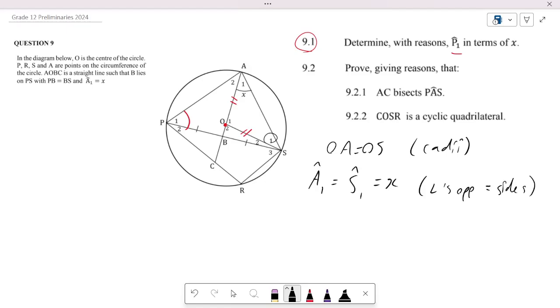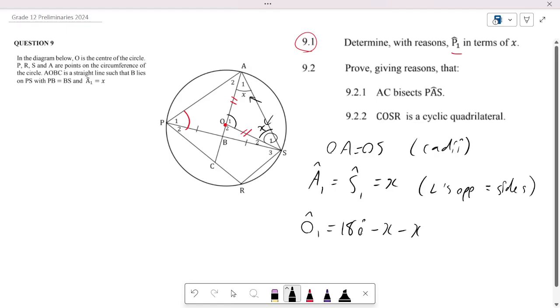Okay. Now from here, because we have these two angles, which are x over here, we will know that all of the angles in triangle AOS are going to be equal to 180 degrees. So angle O1 is going to be equal to 180 degrees minus x minus this x over here.